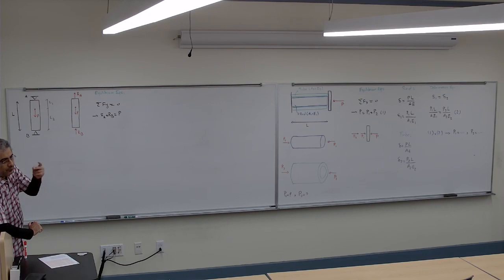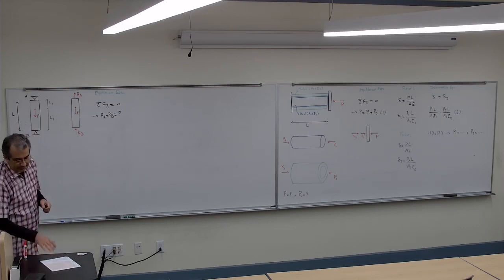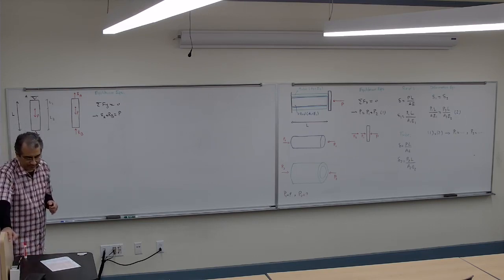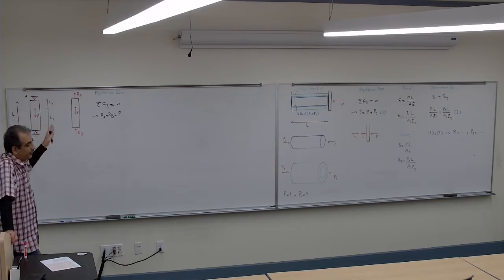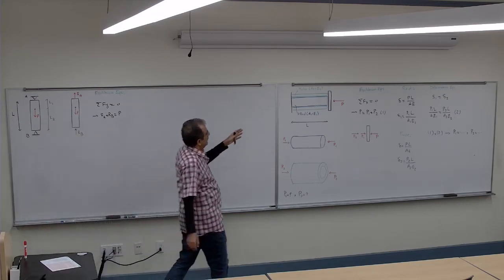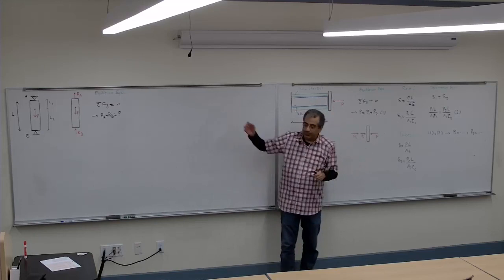So I have to find one other equation to solve that, and I have to get it from the deformation. What deformation relationship can I write here? For example, what can I say about the deformation there?